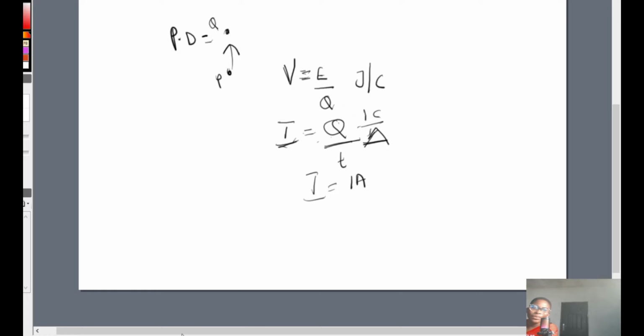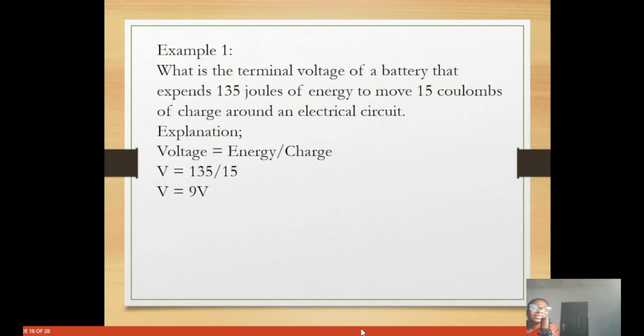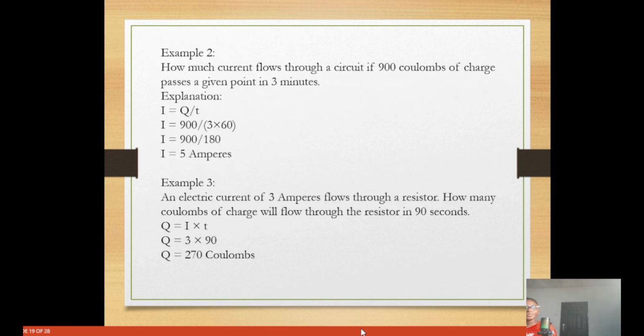So let's see the example, the question we were given. How much current flows through a circuit if 900 coulombs of charge passes a given point in 3 minutes? So we have charge 900, we have the time 3 minutes.